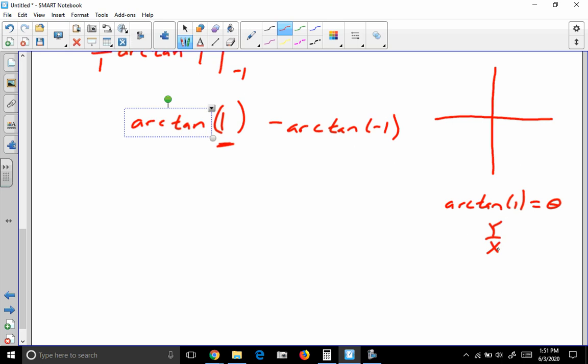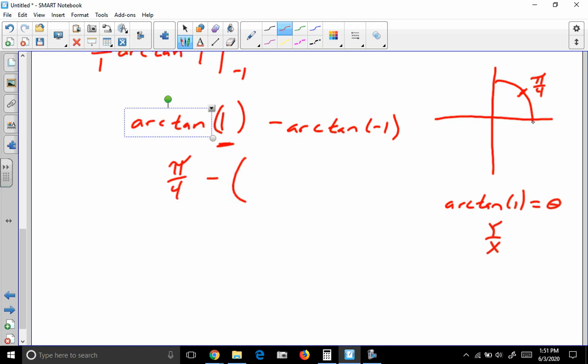Well, in order for y over x to equal 1, y and x have to be the same. Well, the only place that happens in the first quadrant is at pi over 4. At pi over 4, that's root 2 over 2, root 2 over 2. Those make 1. So this is pi over 4.